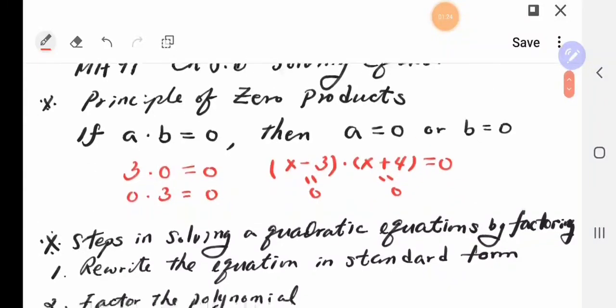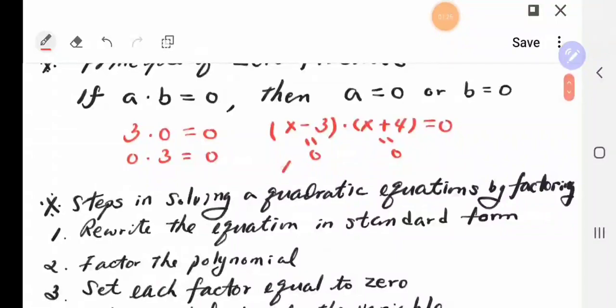So if you set the first binomial equal to 0, then what is x? Then x will be 3, right? So 3 minus 3 is 0. So x equals 3. Then from the second factor, if you set x plus 4 equals 0, then x should be negative 4.